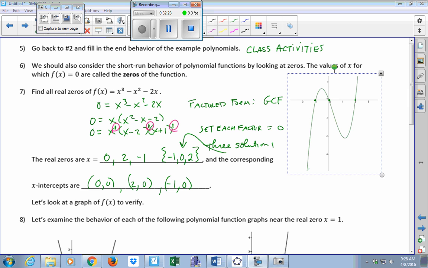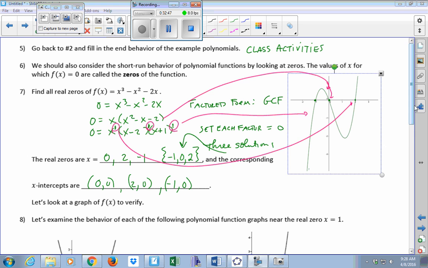When each of those factors has an odd degree, you're going to be changing the sign when you cross over. You're going to be crossing over the x-axis at each of those points. So that tells you here, here, and here, your function changes sign.